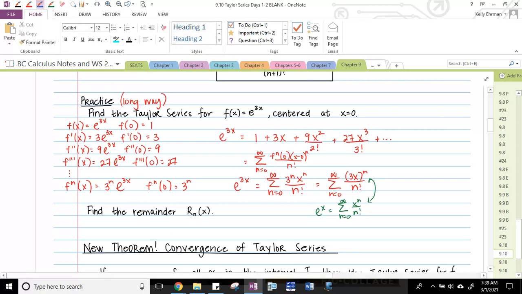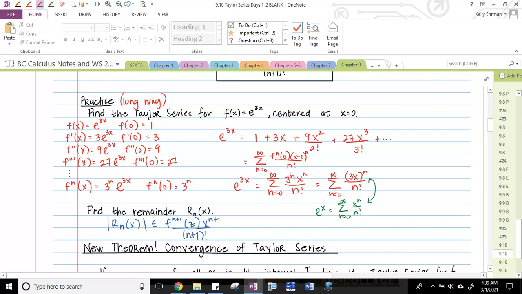All right, the remainder. So the remainder of x will be less than or equal to. Now, even though we have f to the n plus 1 evaluated at z times x to the n plus 1 over n plus 1 factorial, remember, in our Taylor series, we have just 3 to the n right here.